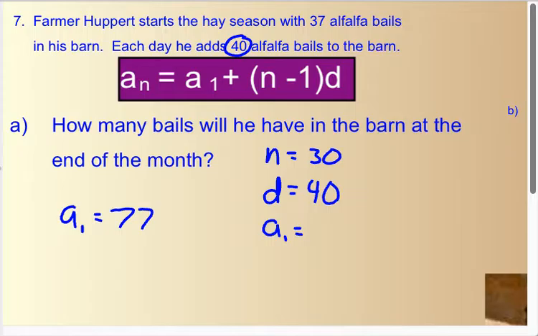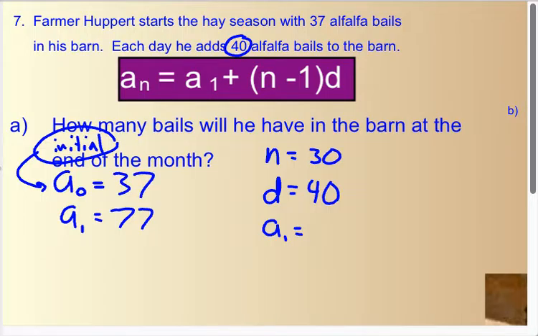What we're working with is, if you start out with something before you even start adding anything to it, that's called an initial value, or a sub 0. A sub 0 is initial value. That's my 37.